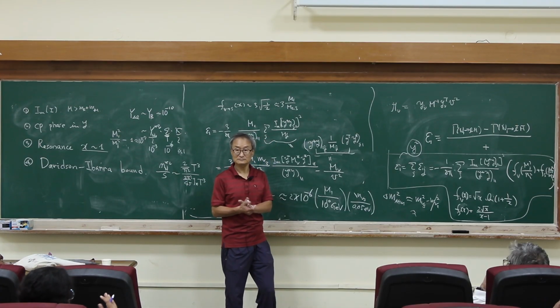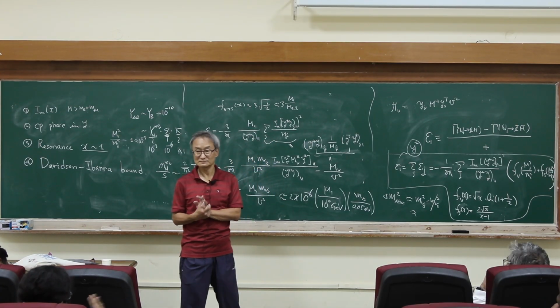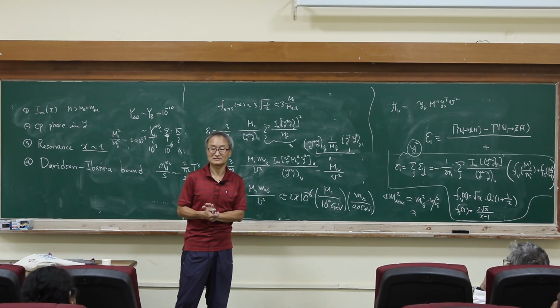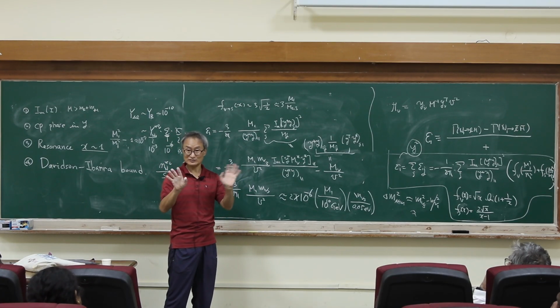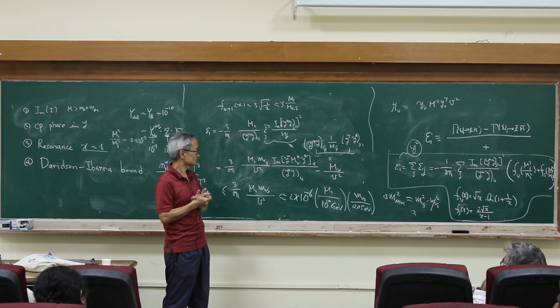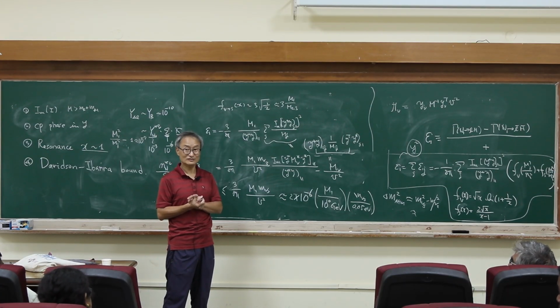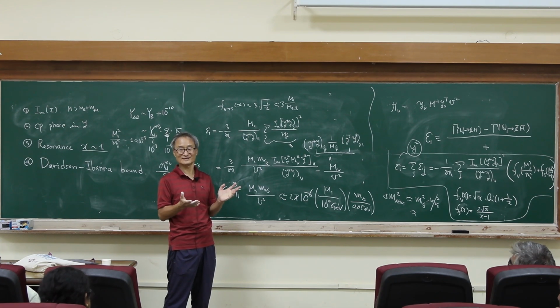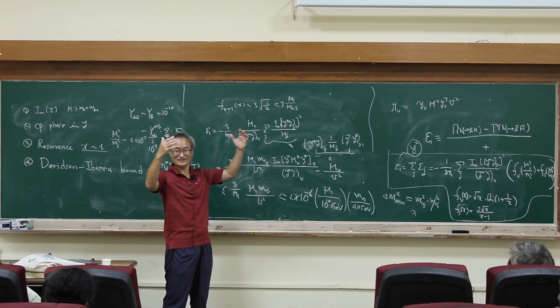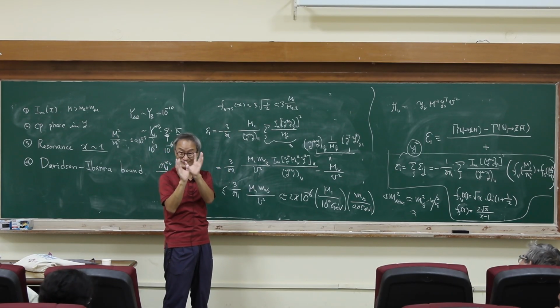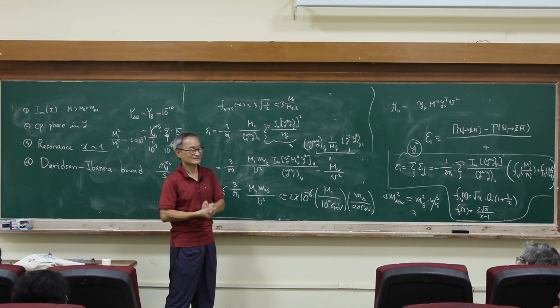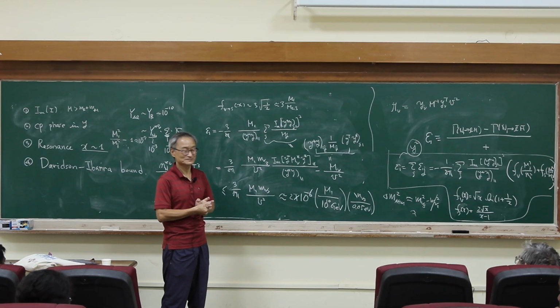So reheating temperature cannot be lower than the right-handed neutrino mass. Otherwise, the thermal leptogenesis doesn't work. It may work if the reheat temperature is a factor of 2 smaller than 10 to the 10 GeV, say, and you have a large K, still decay and inverse decay are in equilibrium. But generally speaking.